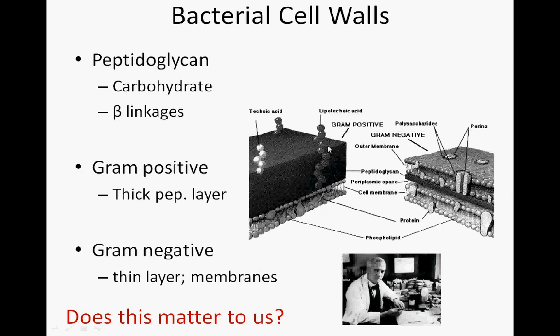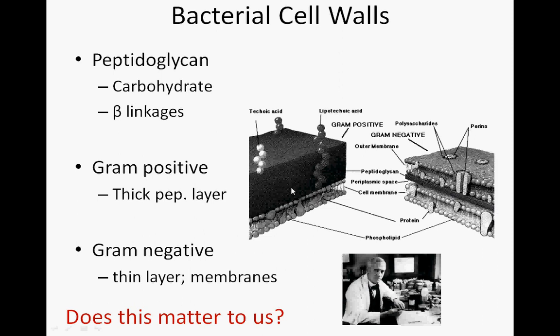The question I would pose if you all were in a lecture hall would be, does this matter to us? The fact that this is a big giant thick layer of peptidoglycan, and this is a long skinny one, but it's got another membrane over it. Does it matter? You can tell by the picture of Alexander Fleming who popped up in the corner, it does matter. From a therapeutic standpoint, it matters a great deal, because we need penicillin molecules to be able to chop this apart.